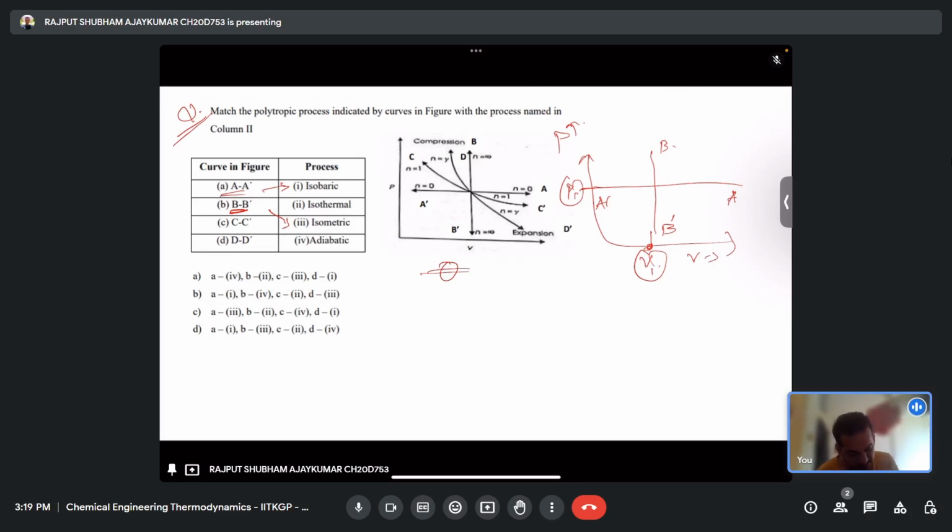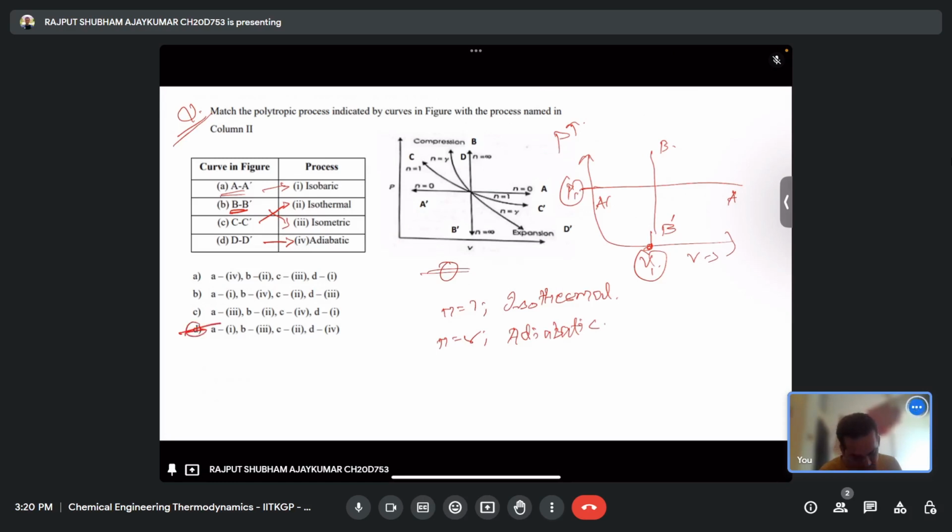So n equal to 1 is isothermal, n equal to gamma is adiabatic. So the correct answer for this one is a1 b3.